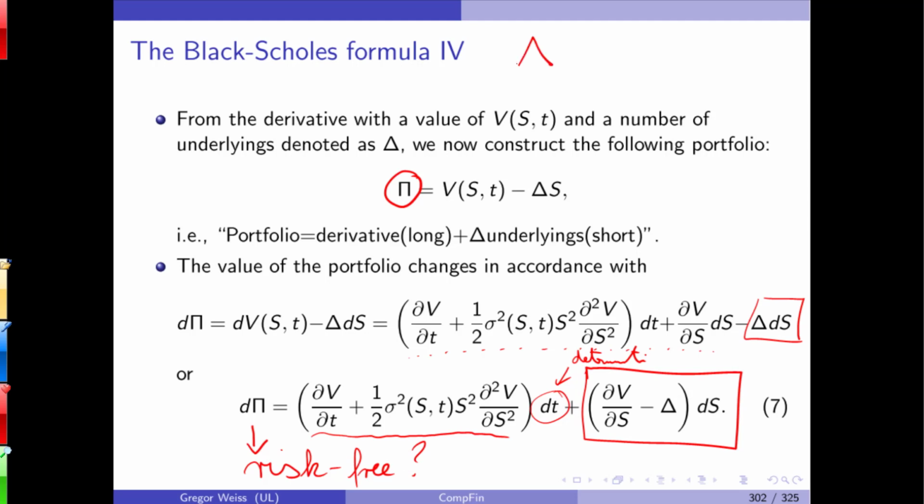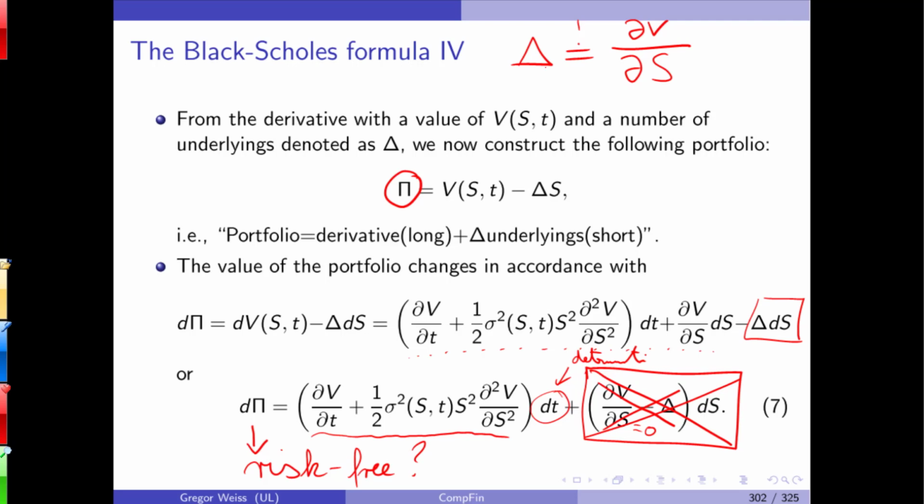If delta is set to this partial derivative of the option price with respect to the stock price, in this case this becomes 0, this vanishes, and the portfolio becomes risk-free.